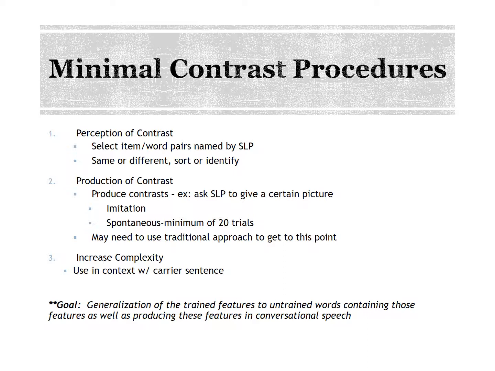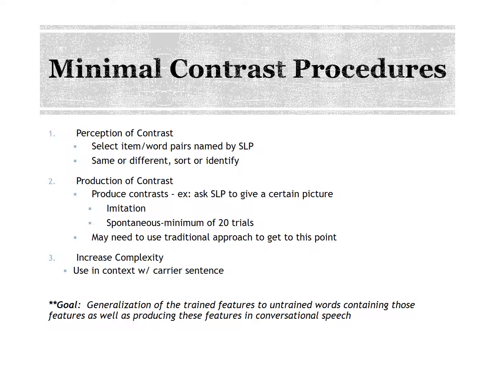Now, if you do decide to do this step, what you're going to do is select word pairs that represent the target contrast. So depending on the age of the child, you would want to determine if these word pairs should just be written words or pictures, or maybe a picture with the written word down at the bottom to kind of start moving into some phonological awareness and even some literacy type skills.